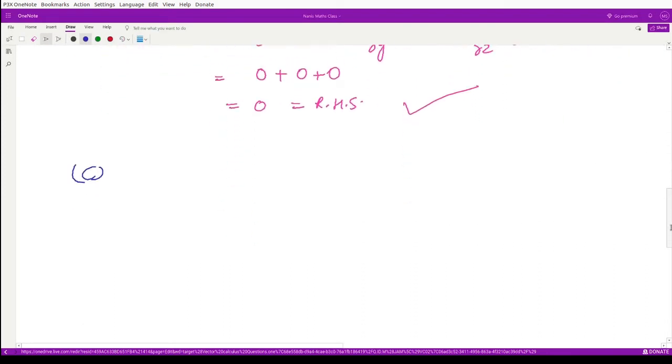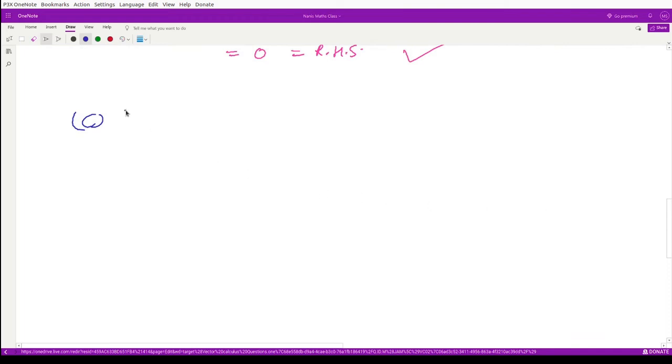We are to check whether del cross vector A cross vector R is equal to vector A or not. We have already calculated this quantity. What is this?